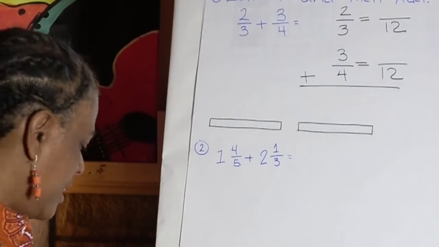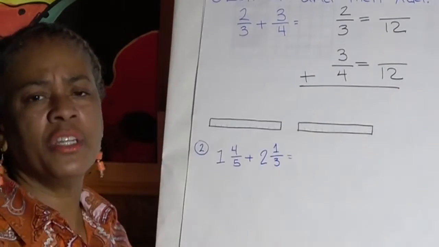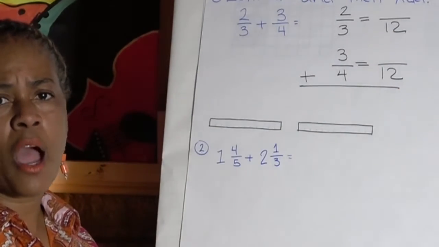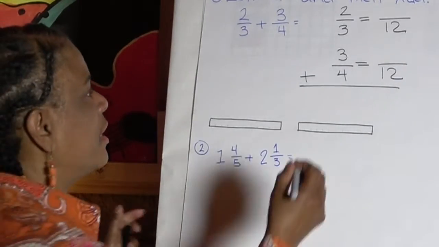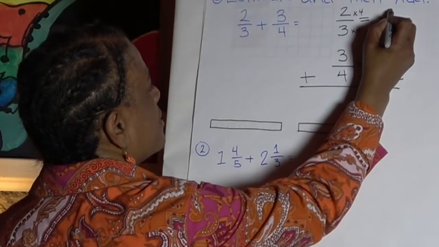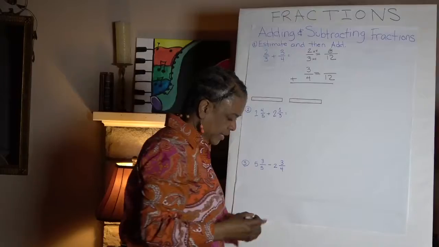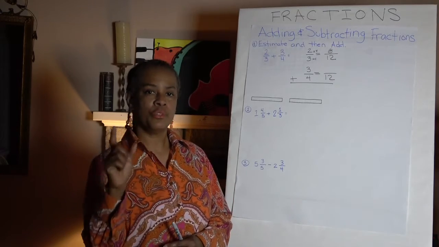To get an equivalent fraction, I have to say, well, I started with a 3 and I want to end up with a 12 as a denominator. So I'm going to say 3 times what gives me 12? 3 times 4 gives me 12. So 2 times 4 gives me 8. Whatever I do to the denominator, I want to do to the numerator.